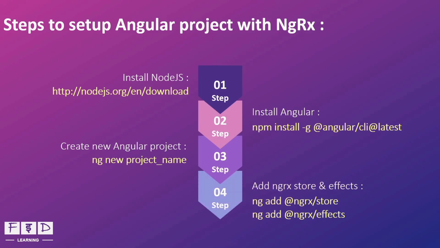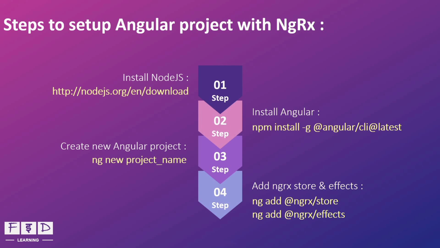And the last and fourth step is to add the NgRx store and effects using the commands ng add @ngrx/store and ng add @ngrx/effects. By following these four steps, we will have our Angular project with NgRx set up. So let's implement these four steps in our system.